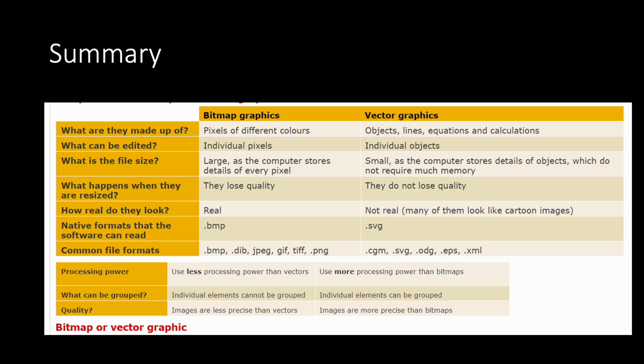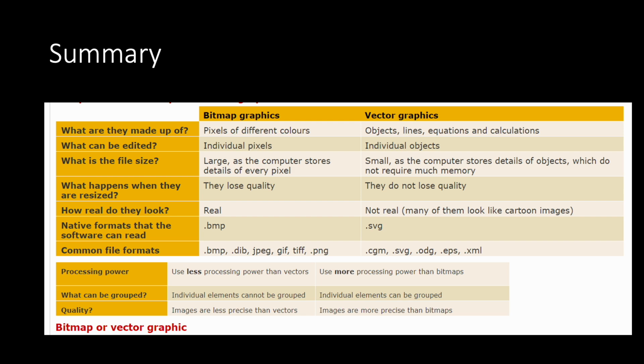What happens when they are resized? Bitmap graphics lose quality, but vector graphics do not lose quality. Bitmap graphics look real, and vector graphics look not real. Many of them look like cartoon images. For the native formats, the software can read bitmap files .bmp or other common formats like JPEG, GIF, TIFF, and PNG.